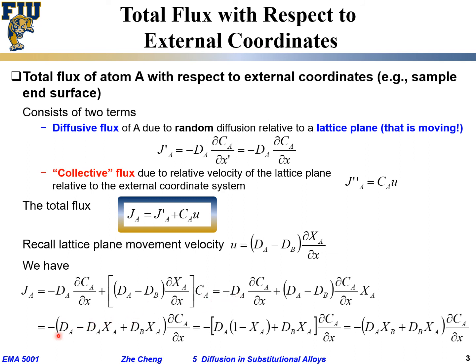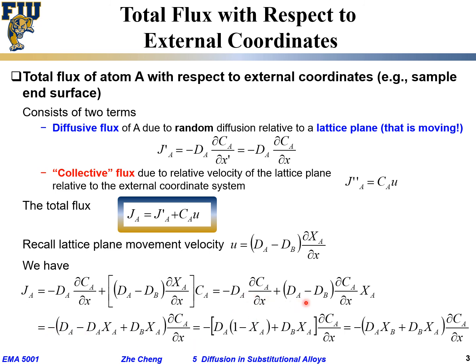That's the first term. And then the second term, D_A times what? X_A, right? D_A times X_A, what sign? D_A times X_A, positive sign. But if I'm going to put a negative sign in the front, I have to put a negative sign here.